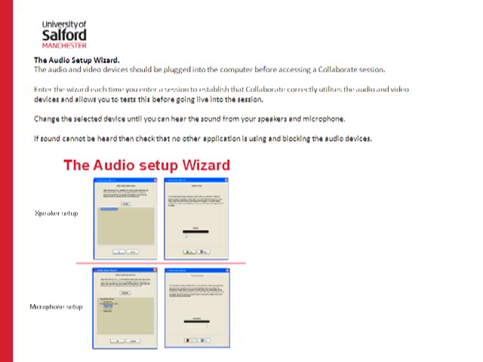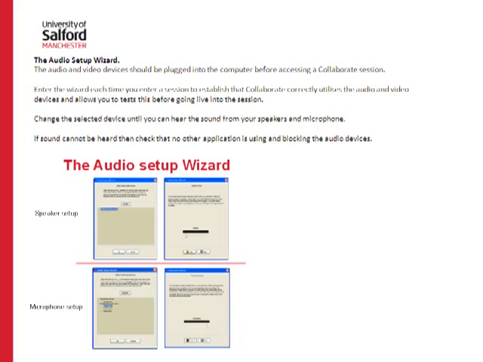This is done within Collaborate itself using what is called the Audio Setup Wizard, which can be accessed under the Tools menu, or there is an Audio Setup Wizard icon on the top of the interface. We ask each person when they enter a Collaborate session always to go through the Audio Setup Wizard prior to the session starting. This wizard basically connects the audio devices to the PC in Collaborate.